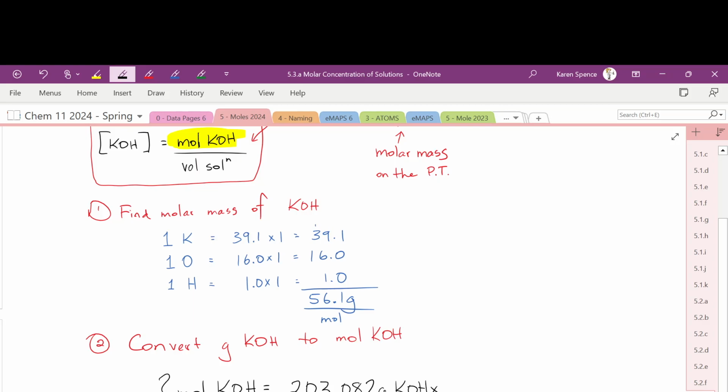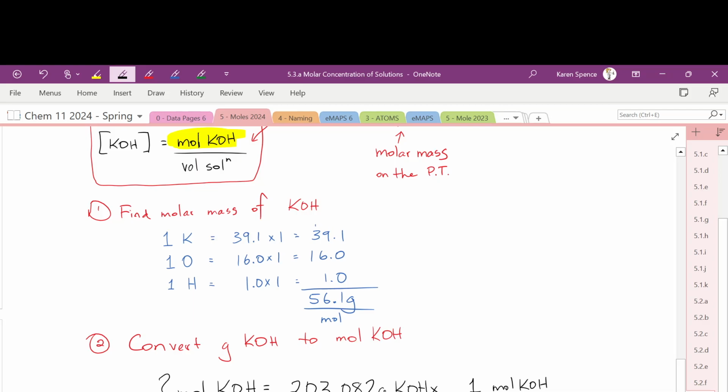What unit would need to go on the bottom here? Grams of KOH. And what unit would need to go on the top? Moles of KOH. So what numbers go in there? What number goes with the mole? 1, because remember, the 1 goes with the mole. Okay, that's our new song.